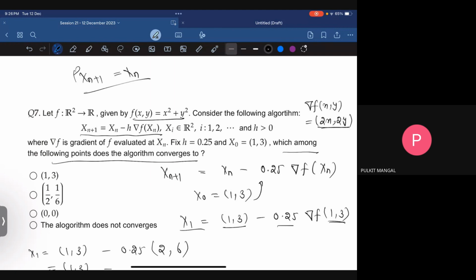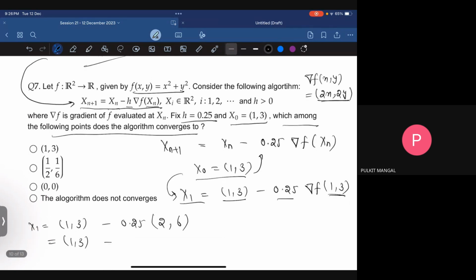The same kind of function is given to us: xn plus 1 is equal to xn minus h times gradient of f at xn. We are fixing h to be 0.25, and my initial vector is 1 comma 3. So x naught is 1 comma 3, and from x naught I can find x1. Gradient of f we have already found, for simple x square plus y square.